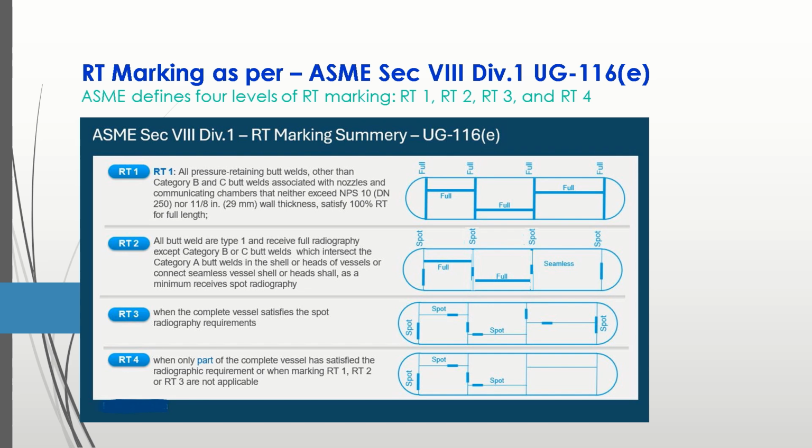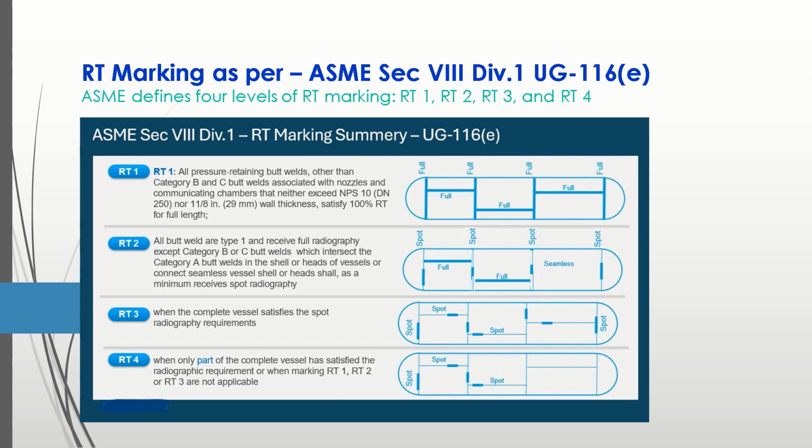In thin pressure vessel theory, PD by 2T is the circumferential stress and PD by 4T is the longitudinal stress, so the longitudinal joint is always critical.